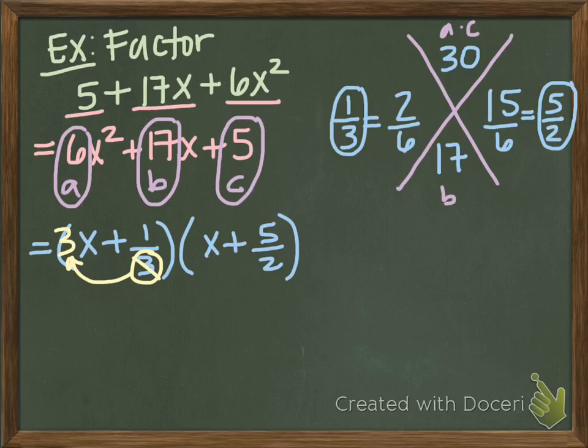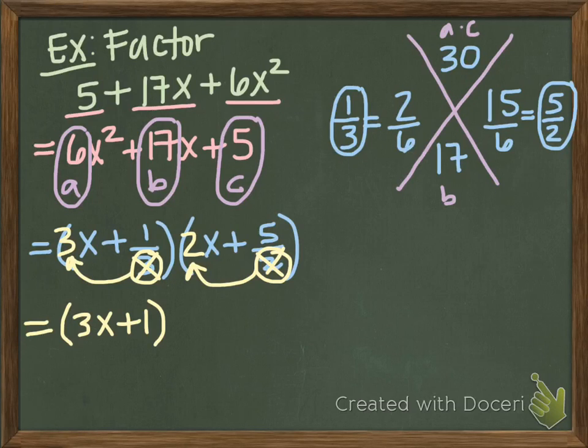So I'll have a 3 in front of this x, and I'll have a 2 in front of this x. Let's go ahead and rewrite this. 3x plus 1 is one factor. 2x plus 5 is the other factor. Last step, always check.